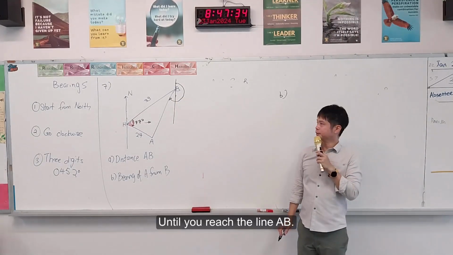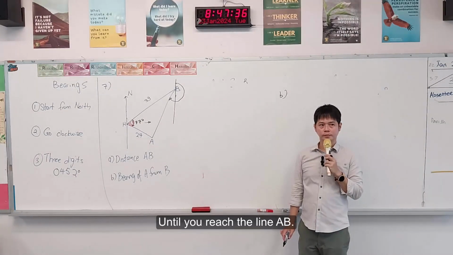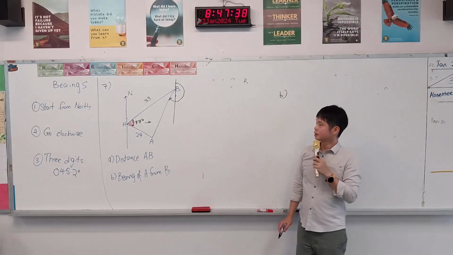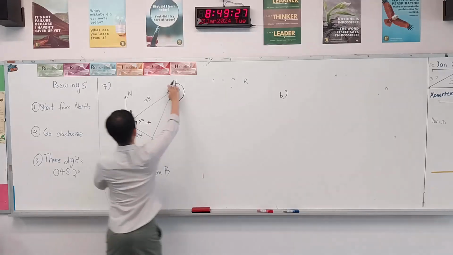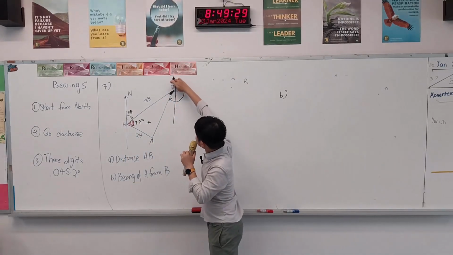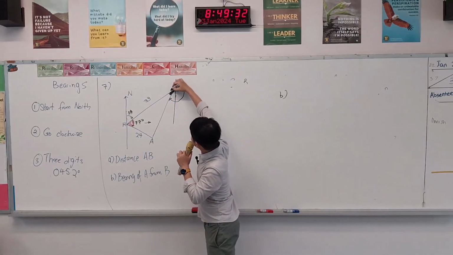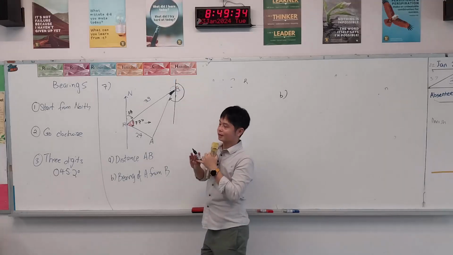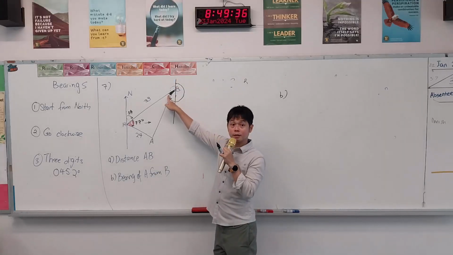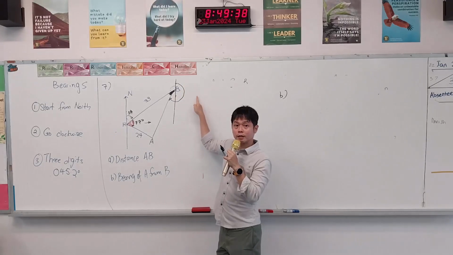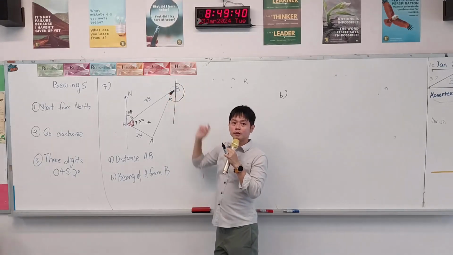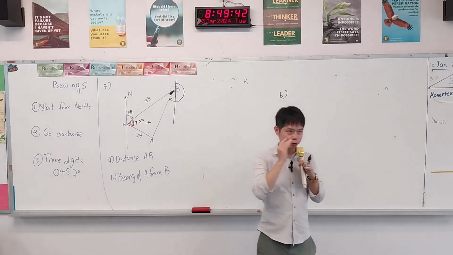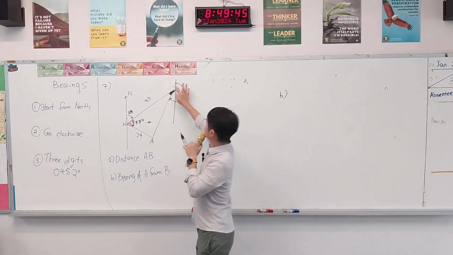So I need to find this angle here. If I find this angle here, I also need the black one in order to find the arrow. End of the story is you will need the black color angle.